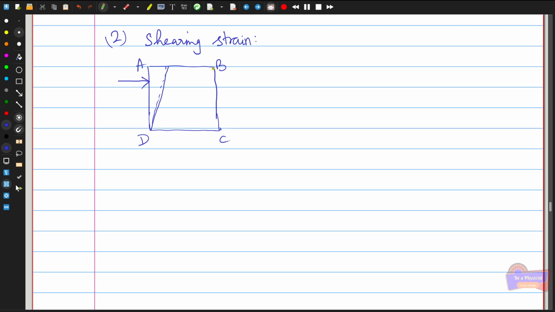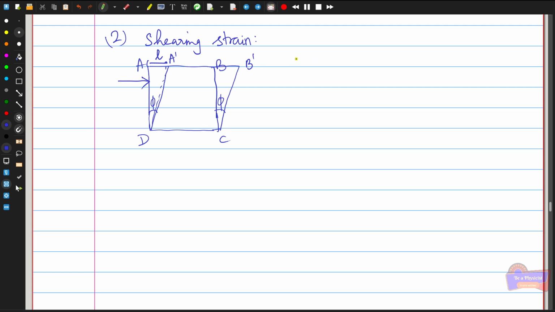The reshaped object is a parallelogram, with the angle of shear phi, and the displaced corners A prime and B prime.